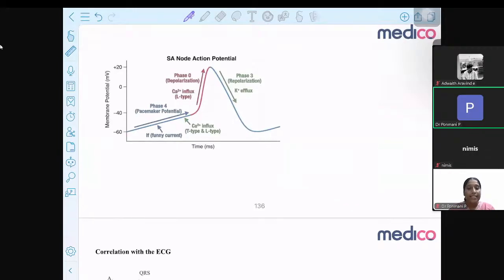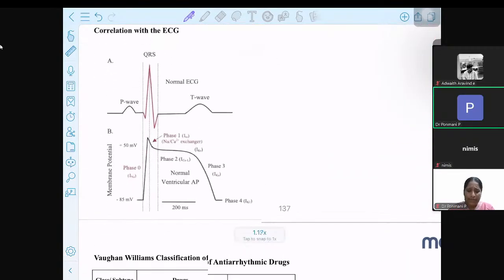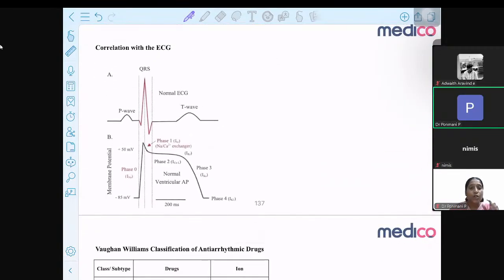So, as I said, the action potential of the SA node we have previously discussed. Now, this action potential needs to be correlated with the ECG. If you see the QRS complex in the ECG, it represents phase 0.